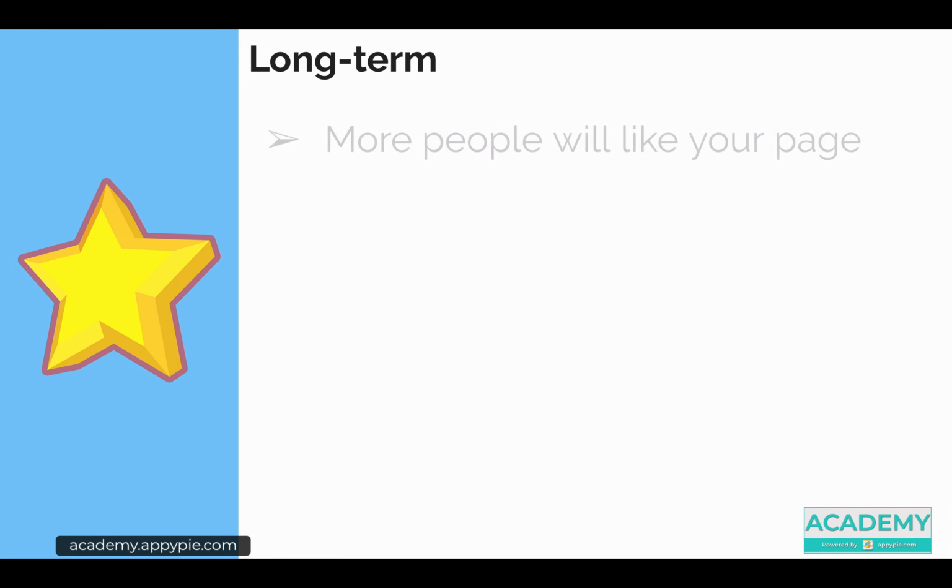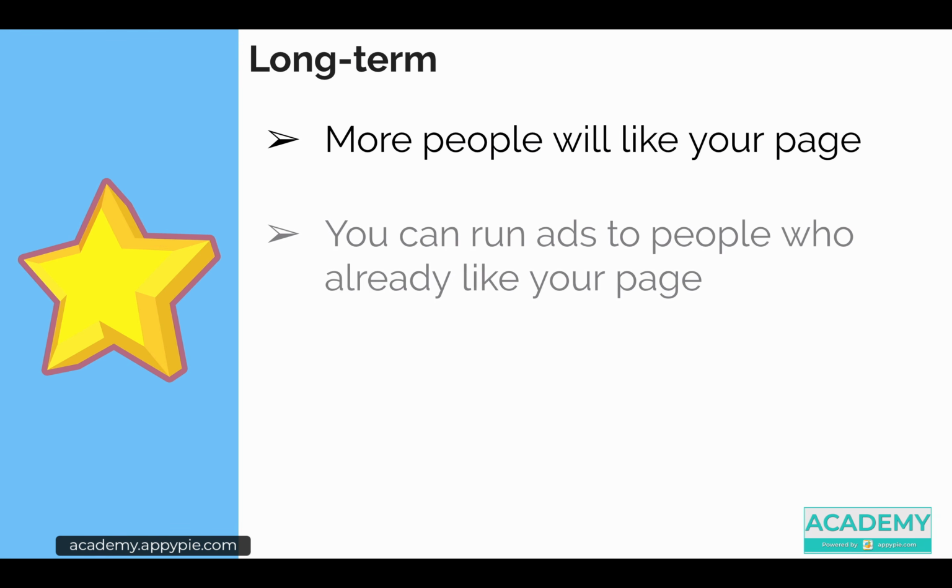And long term, what's going to happen is, because you're going to target more people through the lookalike audiences, more people are going to like your page, and then another strategy opens up where you can run ads to people who like your page. Because if you have a page and you make an organic post without ads, Facebook is probably going to show that post to about 5 to 10% of all the people who like your page, because they want you to pay for the ad to reach all those people who like your page.